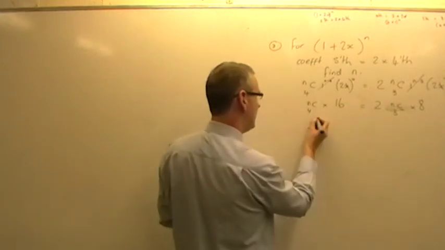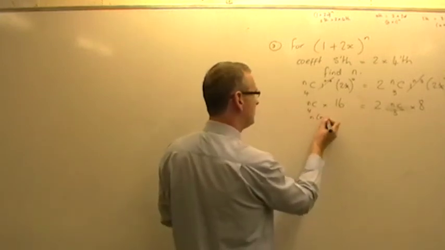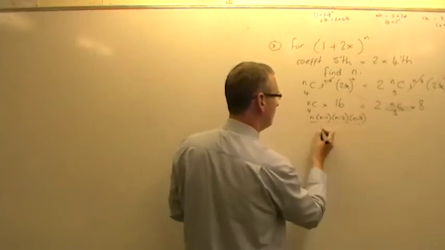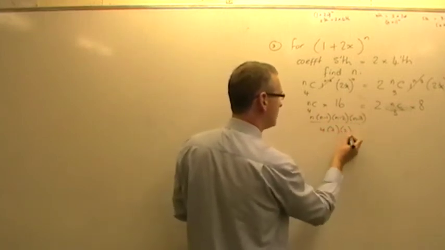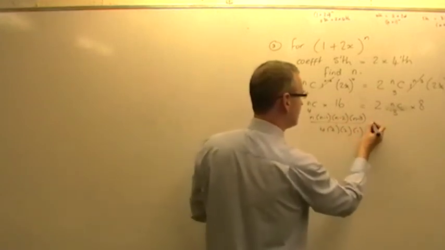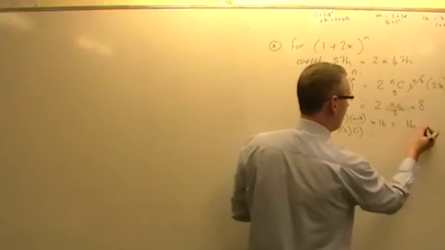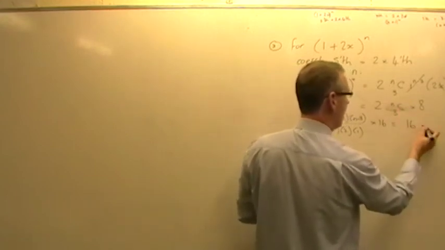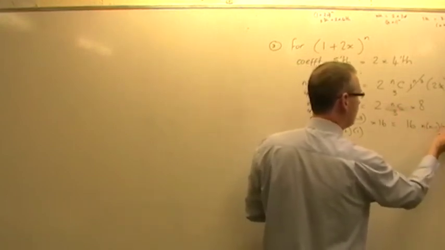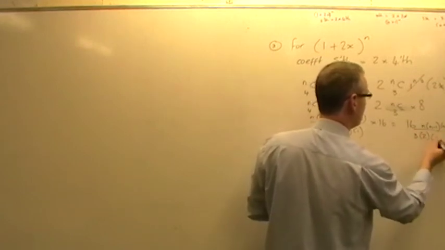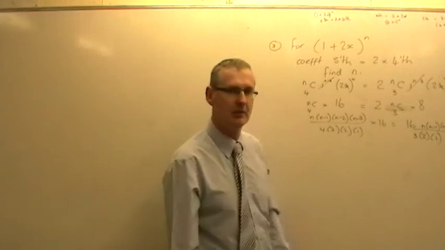So what I've got now is n choose 4, n(n minus 1)(n minus 2)(n minus 3) over 4, 3, 2, 1, times by 16 is equal to 2 times the 8 is 16, and then n choose 3 is n(n minus 1)(n minus 2) over 3, 2, 1. So we have that equation to solve.